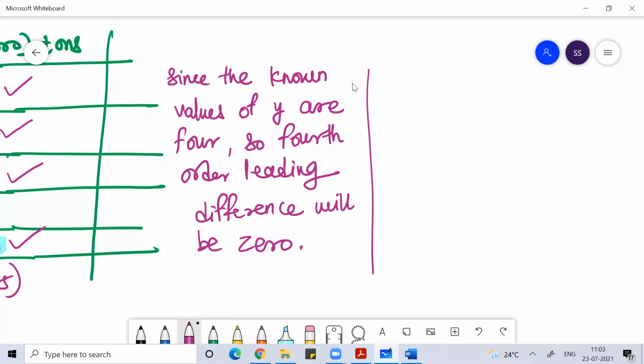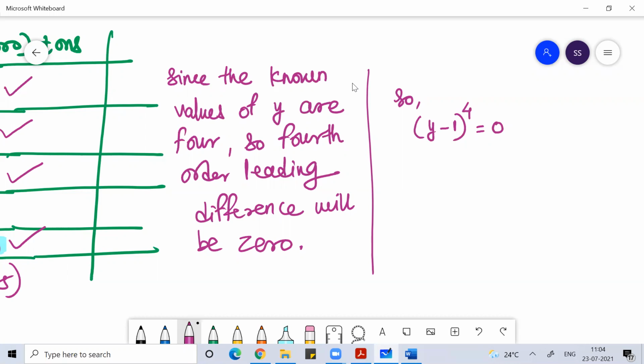Then once you write that, after that you write (y minus 1) to the power 4 is equal to 0. Here the power n depends upon how many known values there are. In the binomial expansion method, you always follow the formula (y minus 1) to the power n is equal to 0, where n is equal to the total number of known variables.